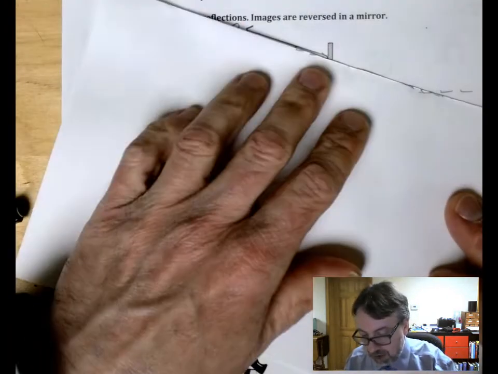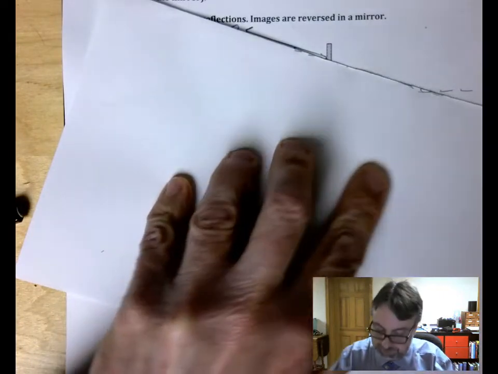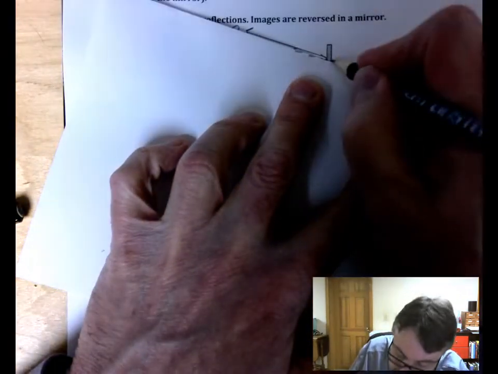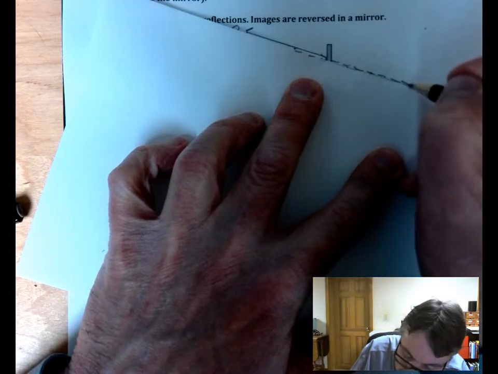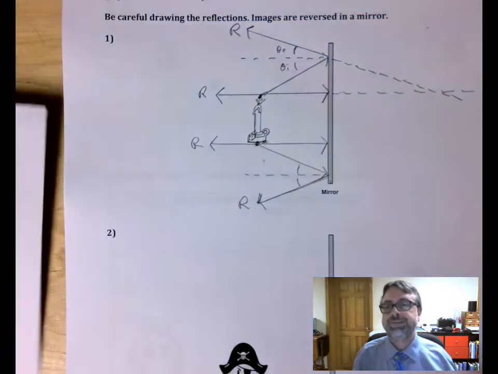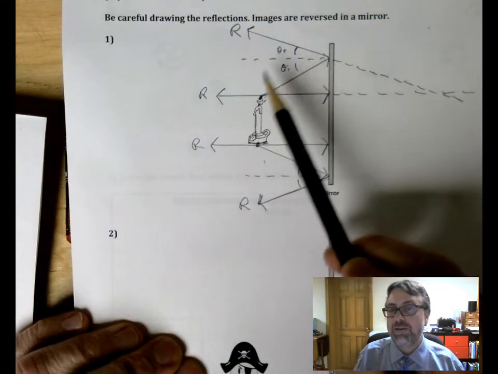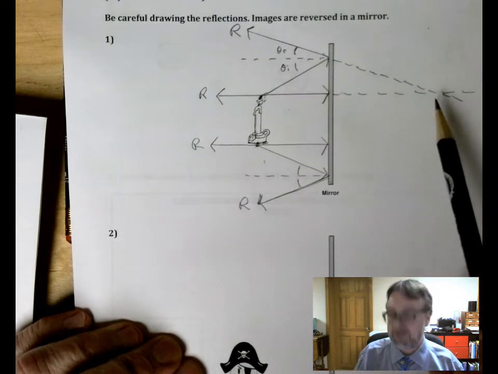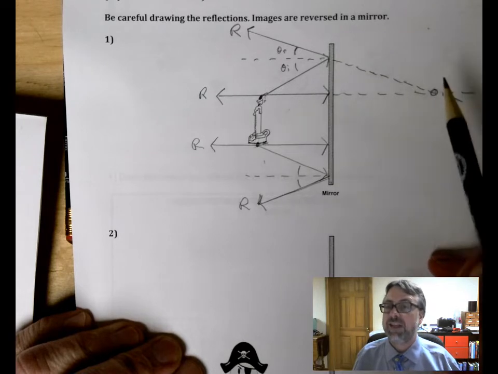I'm working around the document camera, so it's a little bit awkward. All right, so these 2 light rays started from the top of the candle, the reflection. So these reflections, this should be where the top of my image is of the candle.